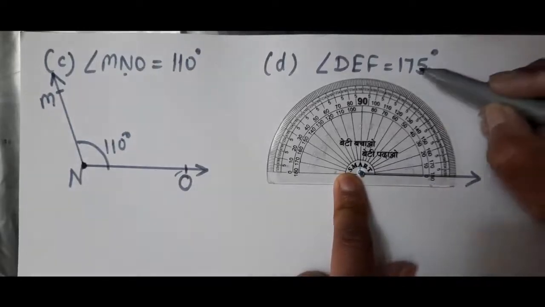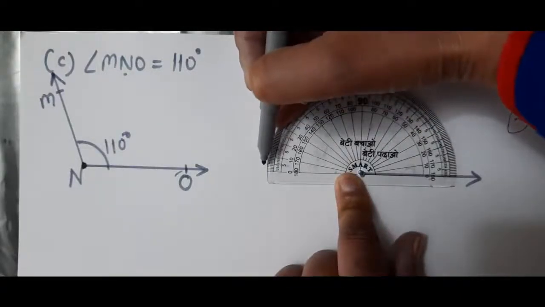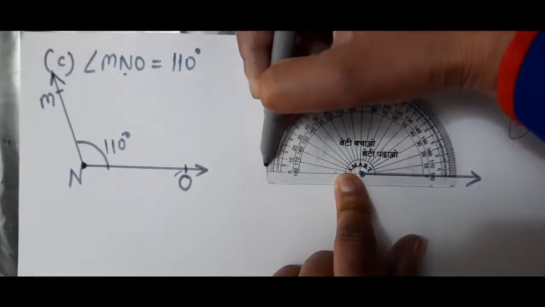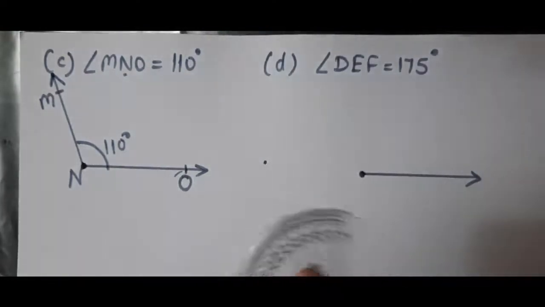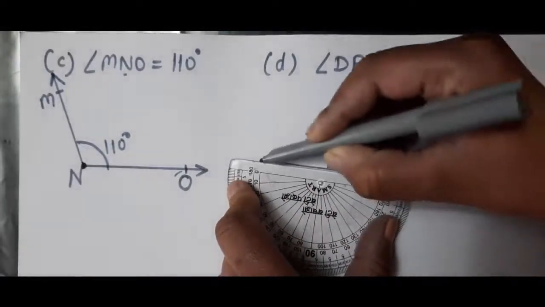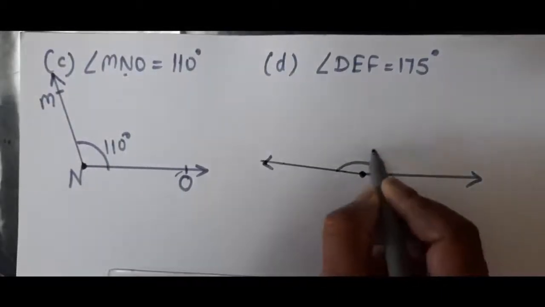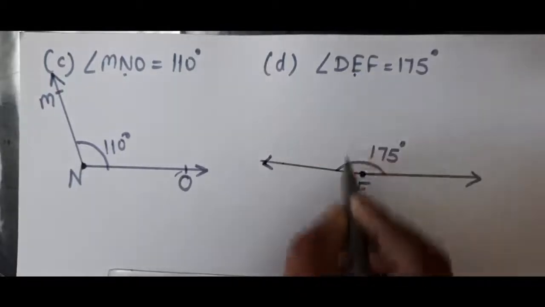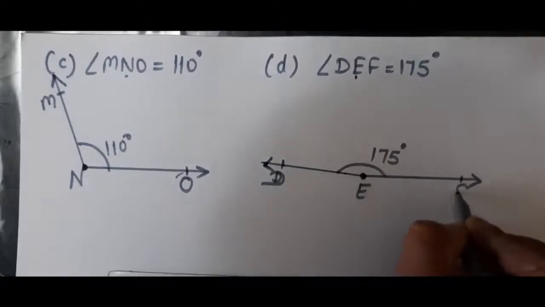So you know that 175 lies between 170 and 180, just in the middle of these, right? This is 175, between 170 and 180. Mark the point and join it with your end point. So this is our angle of 175 degrees. Vertex is point E. This is angle DEF.